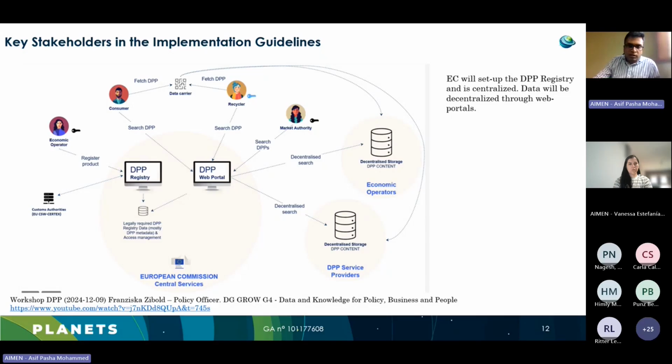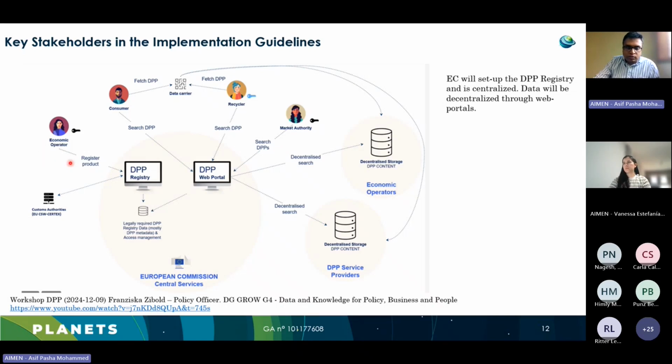The registry manages legally required product data, mostly metadata, and also handles registration and access rights. And then you have the web portal here, which enables users like consumers, recyclers, authorities, etc., to search and access the DPP data.